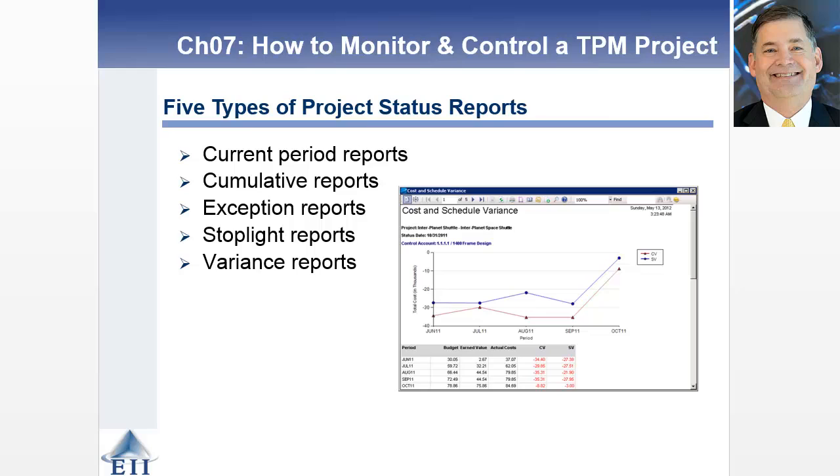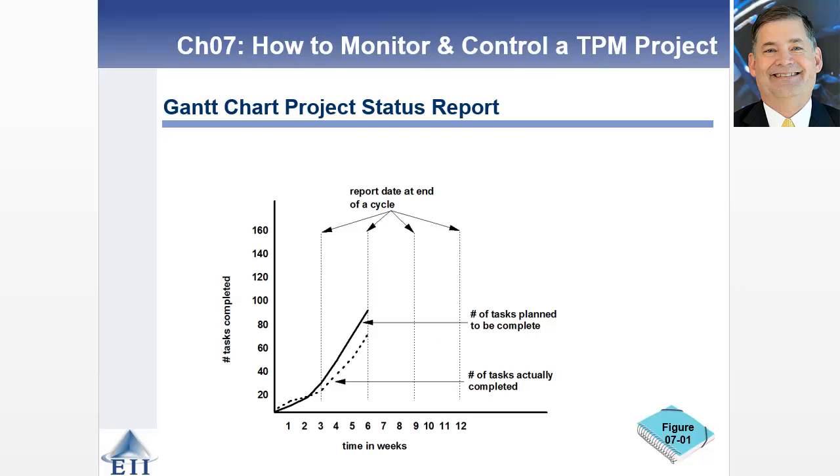It's important to understand that you can use stoplight reports with any other report. So if you've got challenges associated with variance, exception, cumulative, or current period reports, you can use stoplight reports to highlight that change. Then two more ideas here.